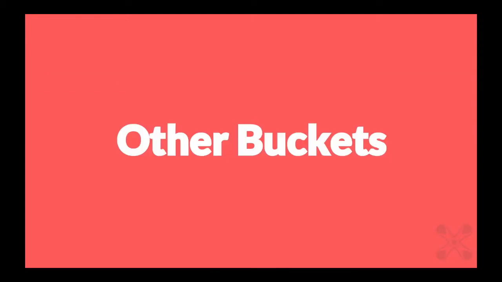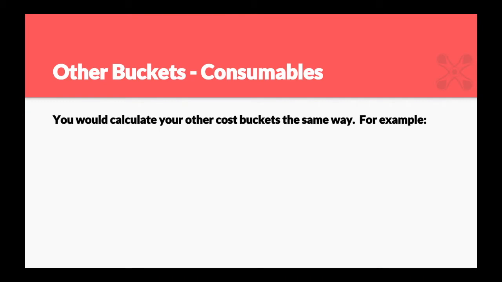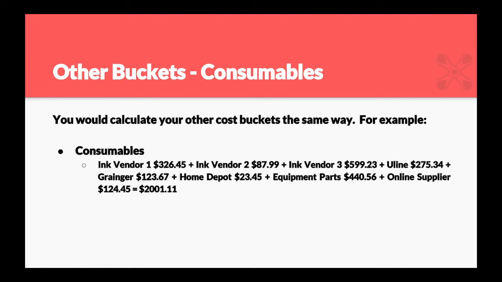So let's talk about other buckets. Let's start off with consumables. You're going to calculate your other cost buckets the same way. For example, consumables: you've got an ink vendor, a couple ink vendors, and you're spending whatever you're spending a month. You order some boxes from Uline. You maybe order some parts from Grainger.